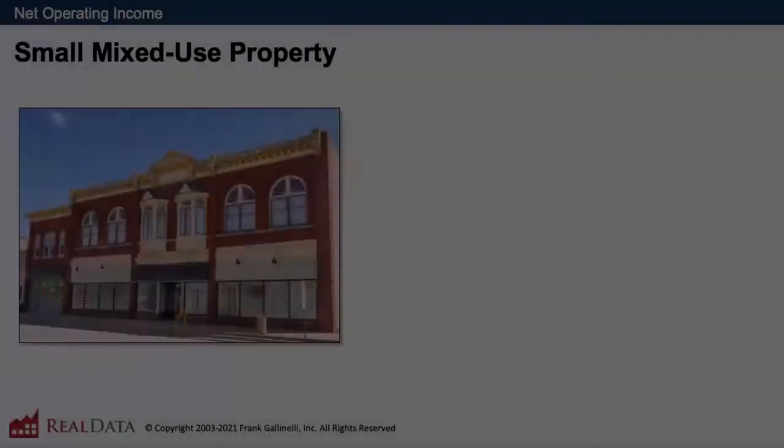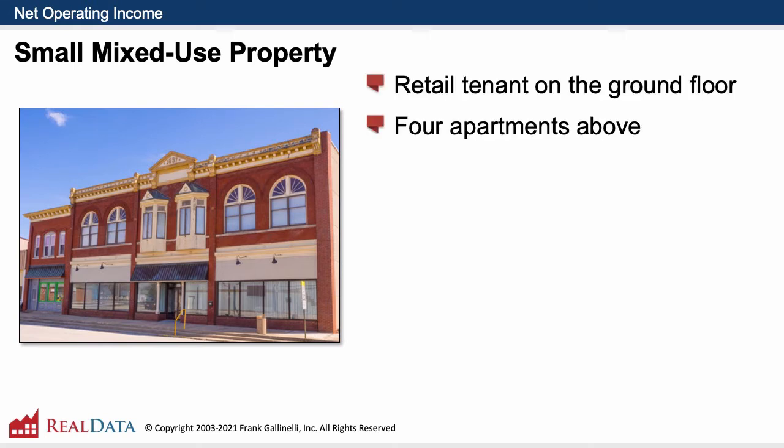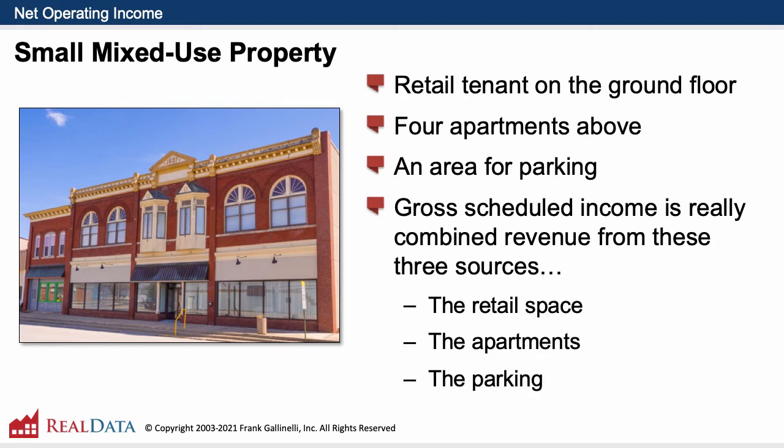Now, for the sake of argument, let's say we have a small mixed-use property with a retail tenant on the ground floor and 4 apartments above. There's also an area for parking, where the apartment tenants can rent spaces if they choose. That means our gross scheduled income is really combined revenue from these 3 sources: the retail space, the apartments, and the parking.